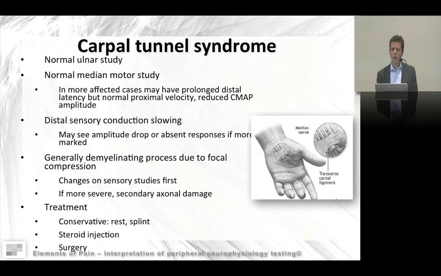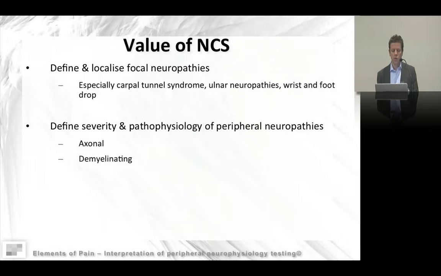If people have had it longer or are more severely affected, they might have some change in the motor studies, particularly prolonged distal latencies, and then as it gets worse, they may drop their motor amplitudes. But the main thing we see is the slowing, usually relative rather than marked, of the median nerve responses across the wrist. The reason we see these demyelinating changes is that it's a focal compressive neuropathy with focal demyelinating changes. And the treatment of carpal tunnel obviously ranges from splints through to surgery.